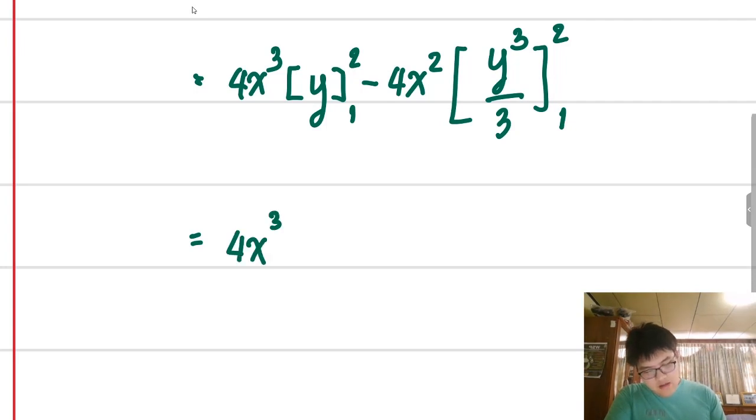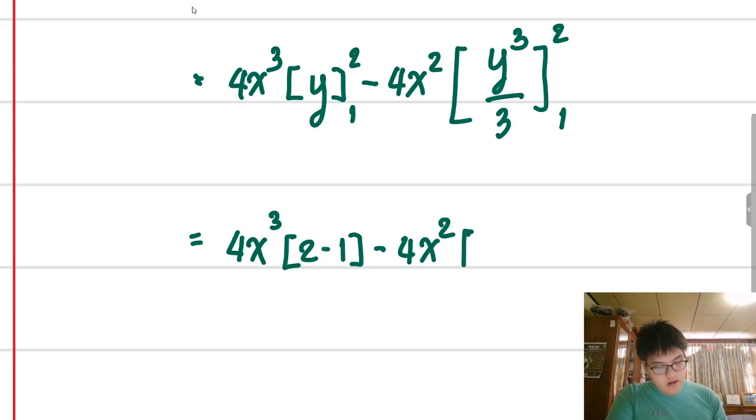For 4x cubed, we substitute y with 2 and subtract y equal to 1, which is 2 minus 1. And then 4x squared times y cubed over 3. That means 2 cubed, which gives 8 over 3, and subtract the substitution of y with 1.